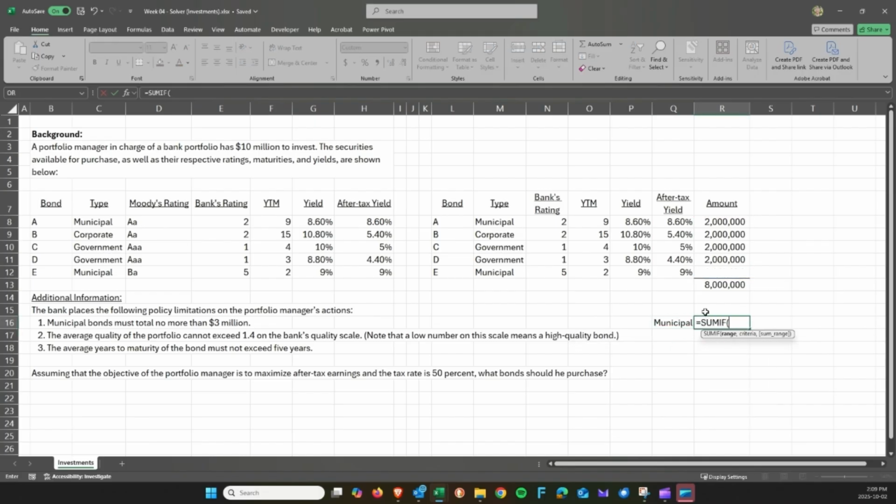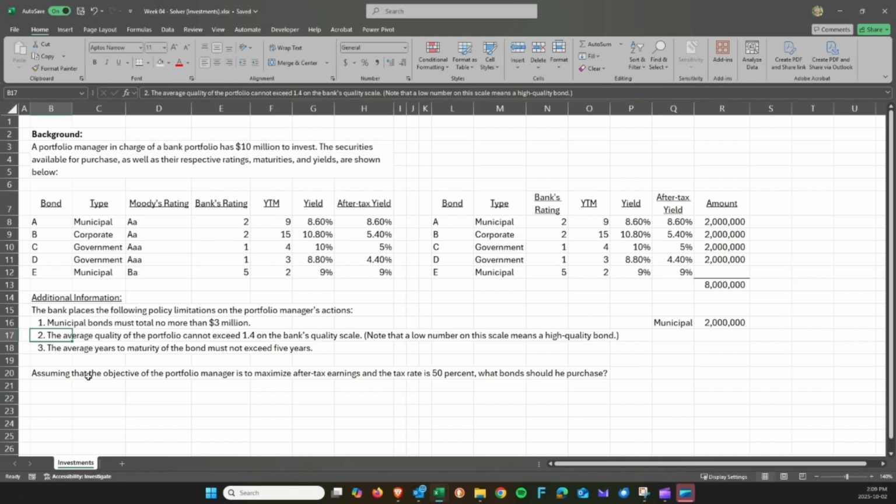In this case, I'm not going to be copying and pasting this formula, so I don't really need a sum if, but I could. All right, so I've got this value here, and this calculation that will be able to tell it do not exceed $3 million.